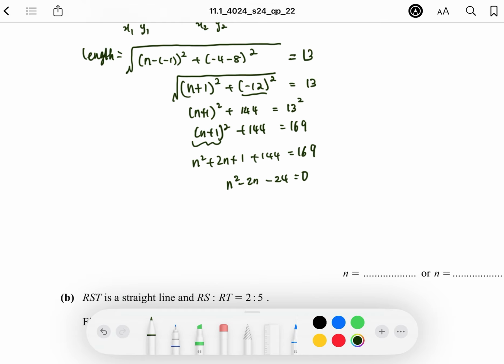What I got is a quadratic equation. n squared minus 24, so that's 24, 6 and 4. Minus 6n plus 4n equals negative 2n, which is the same as that one.